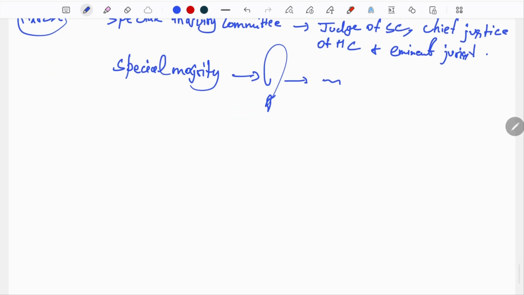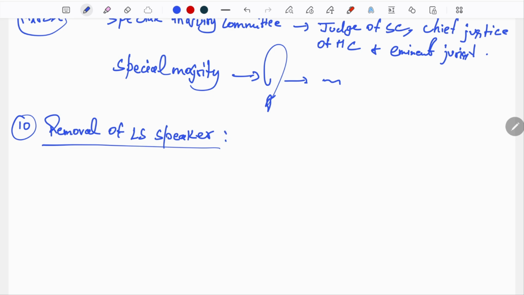Now moving on to the removal procedure of Lok Sabha Speaker. A resolution for removal of Lok Sabha Speaker has also been moved. What is the procedure for this?